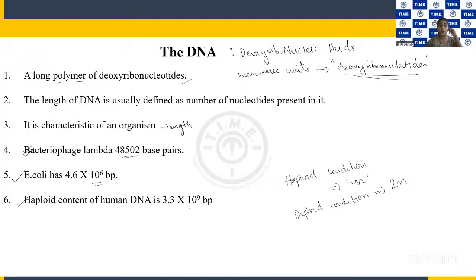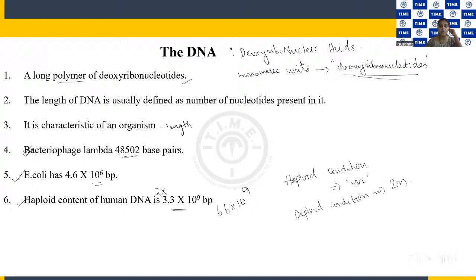So if the haploid content of human DNA is 3.3 into 10 raised to 9, then the diploid content is 2 into 3.3, that is, just multiply it by 2. Then how much do we get? 6.6 into 10 raised to 9.